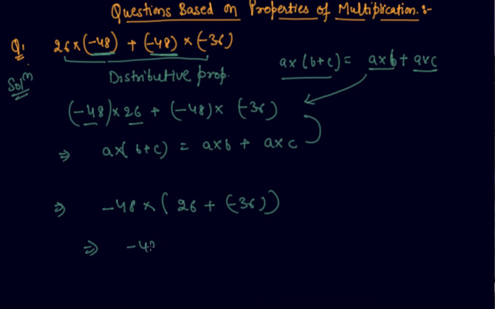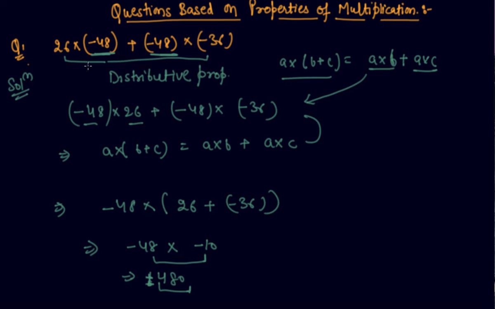This comes out to be minus 10. So minus 48 into minus 10 would be plus 480 because there are an even number of negative signs. When there are an even number of negative signs, the answer would be positive, which I told you in my previous lectures. So this is one of the typical examples based on the distributive property.